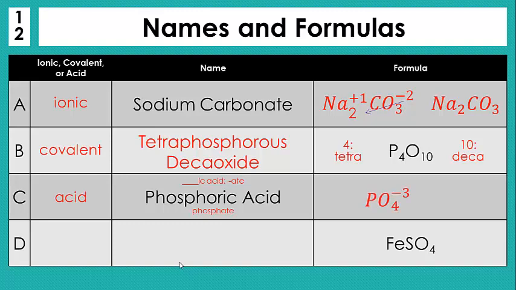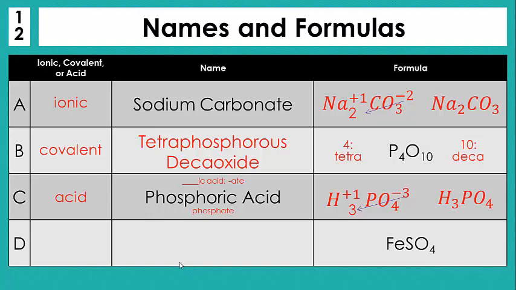It's PO4, that's 1 phosphate, and its charge is -3. This is an acid, so H goes in front, and H has a +1 charge. So in order for this to be charge neutral, I need 3 hydrogens. That's going to give me a +3 charge, which balances out the -3 charge from the phosphate. So H3PO4 is phosphoric acid.